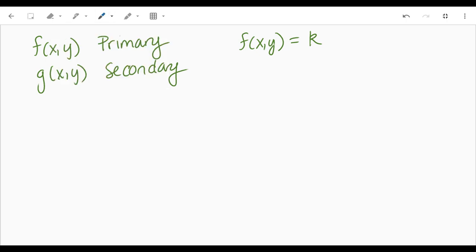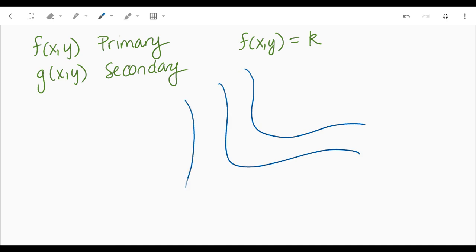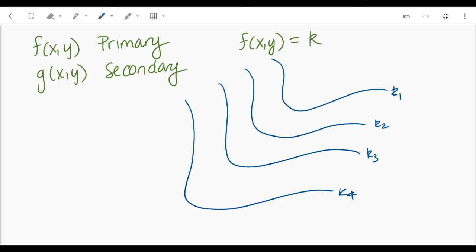And we could draw in some level curves for k. Maybe this is k1, k2, k3, k4. Let's say k1 is the biggest one. K1 is greater than K2, which is greater than K3, which is greater than K4.